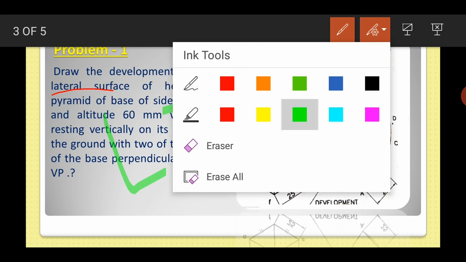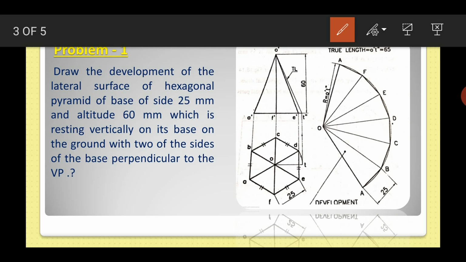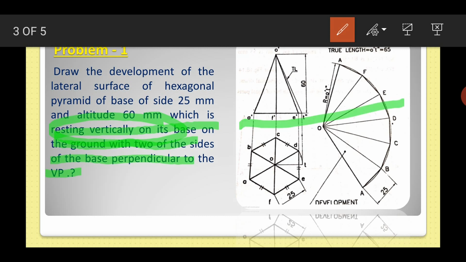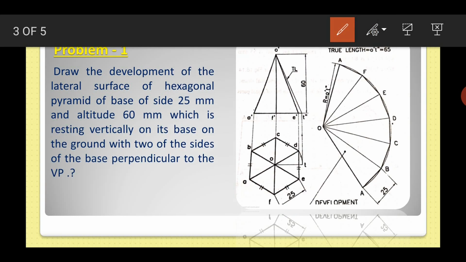Now, it's also given that it is resting vertically on the base on the ground with two of the sides of the base perpendicular to VP. Resting vertically on the base means that, suppose we draw an XY line, this is HP, and it is resting on HP. Then two of the sides of the base are perpendicular to VP.